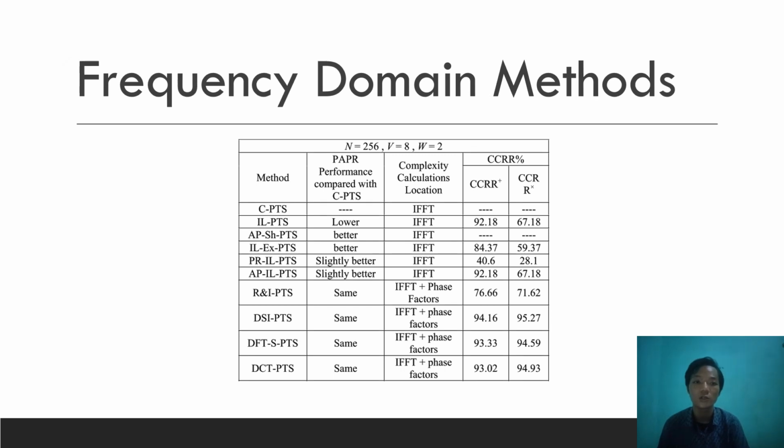This table shows the CCRR of the modified PTS methods in the frequency domain. Therefore, the modified PTS algorithms in the frequency domain improve the PAPR per with a significant reduction in the CCL.